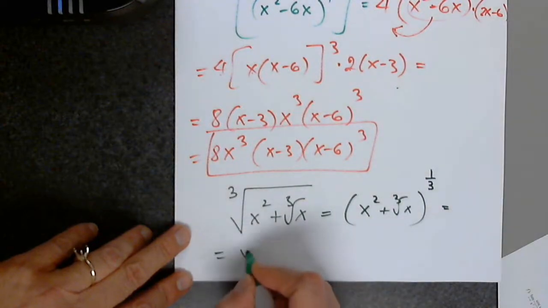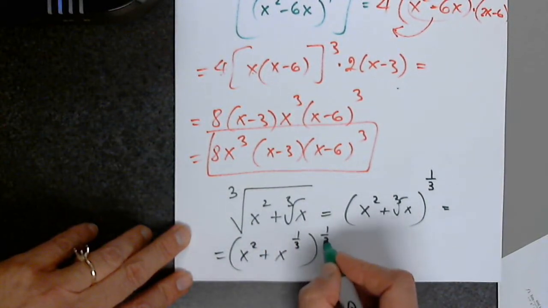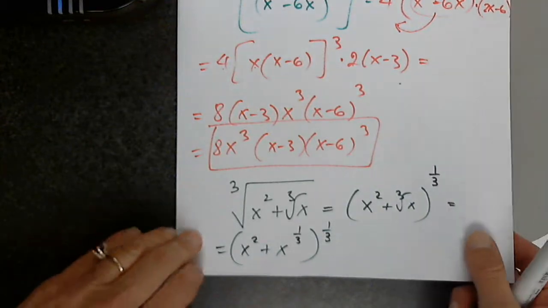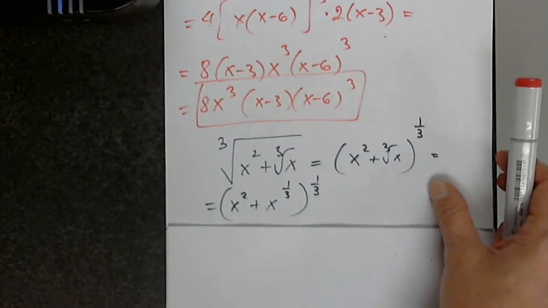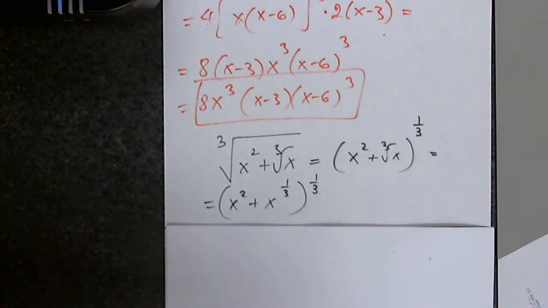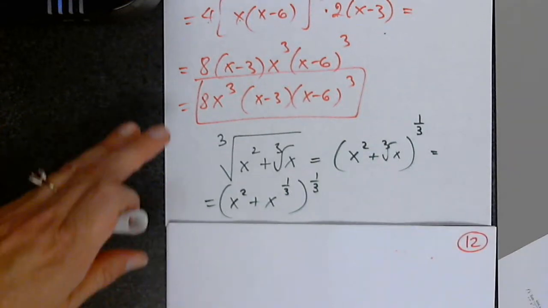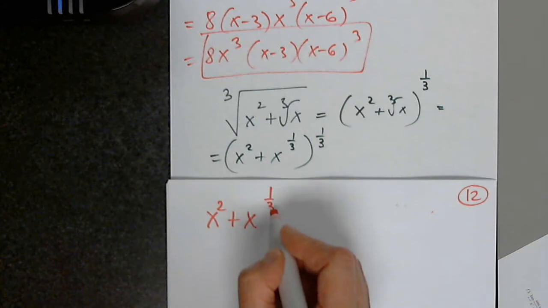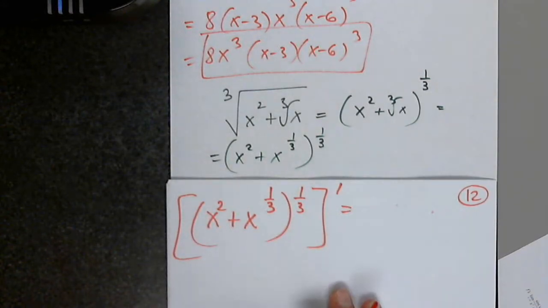And maybe go even further and write x to 1/3 inside to 1/3. So this is almost a necessary prep before I differentiate. In other words, I change the cube root into whatever to power 1/3. And now let's see what we have. So I want to differentiate x squared plus x to 1/3, everything to 1/3, and everything prime.